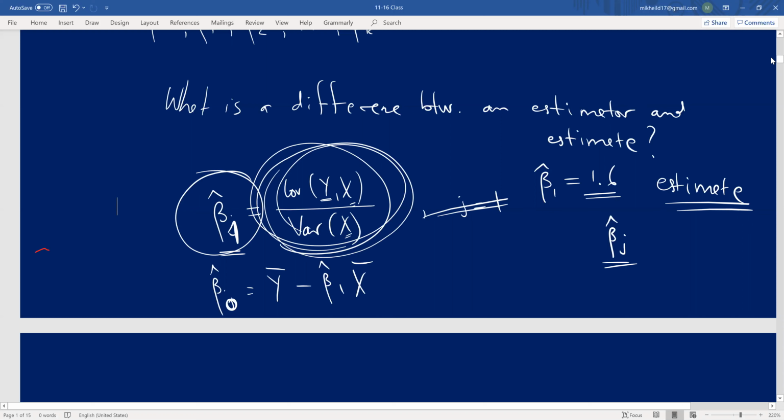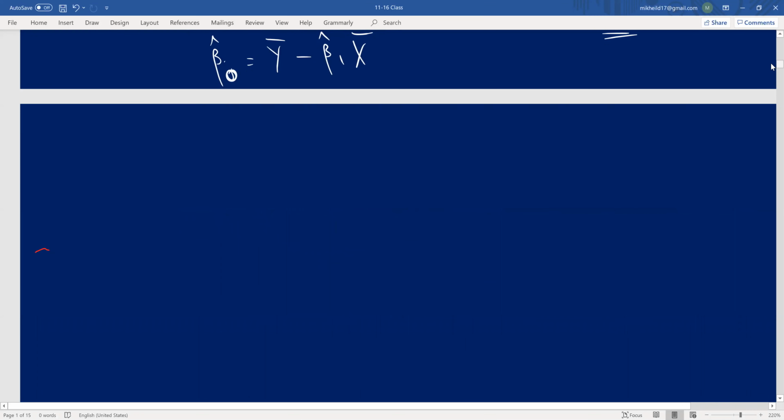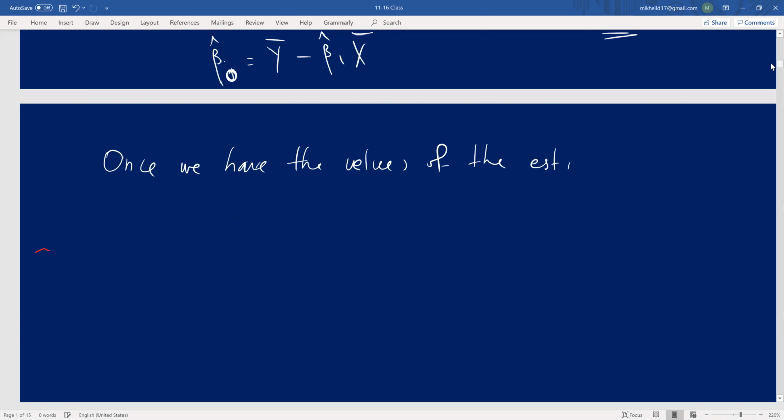Once we have the values for the estimates, what can we do, guys? What can we do?